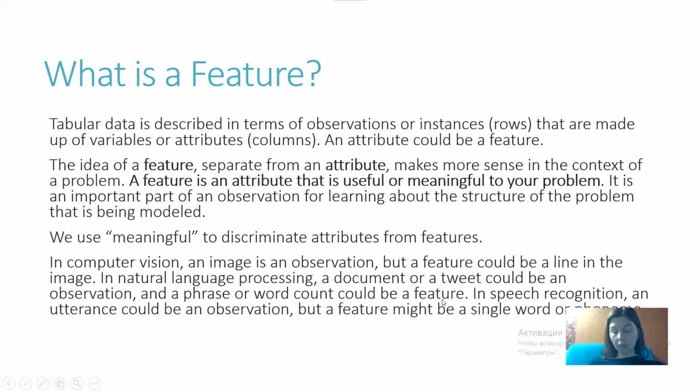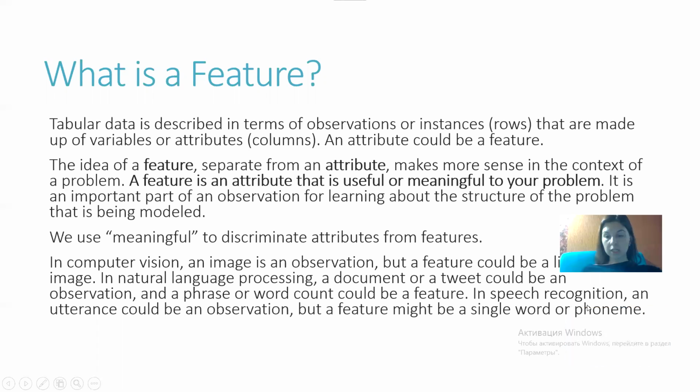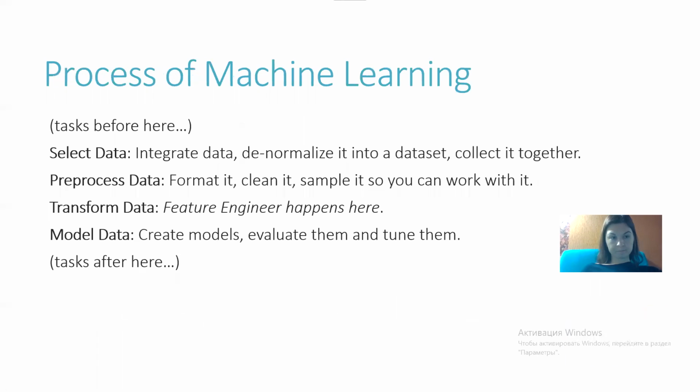So you just perform some transformation of your raw data set in order to obtain this feature. In speech recognition, an utterance could be an observation, but a feature might be a single word or phoneme. Yes? So you extract features from your data.